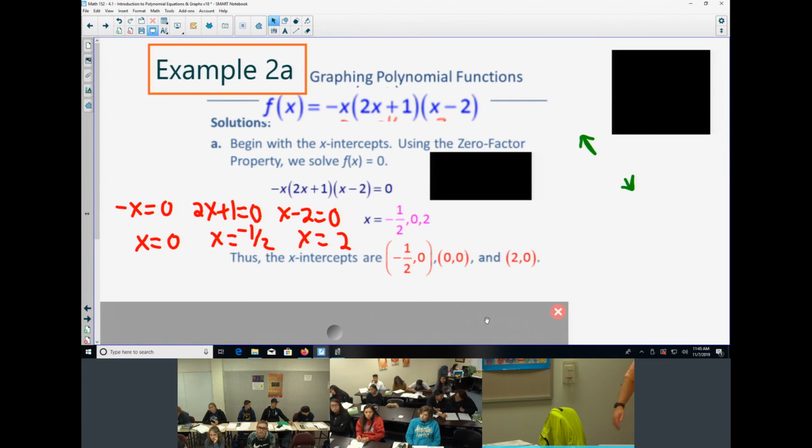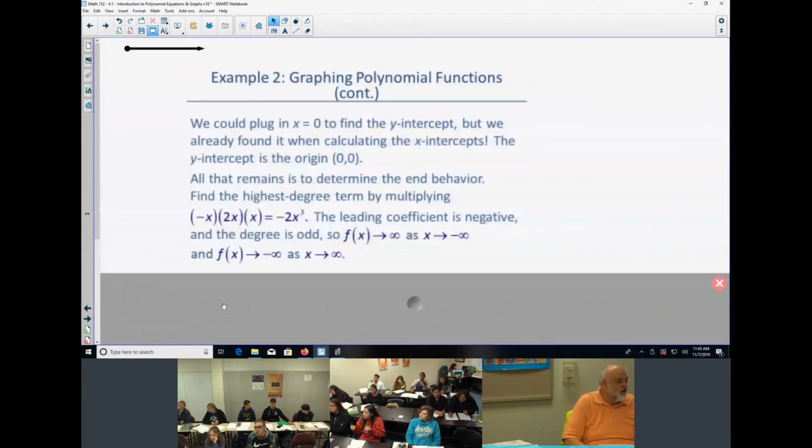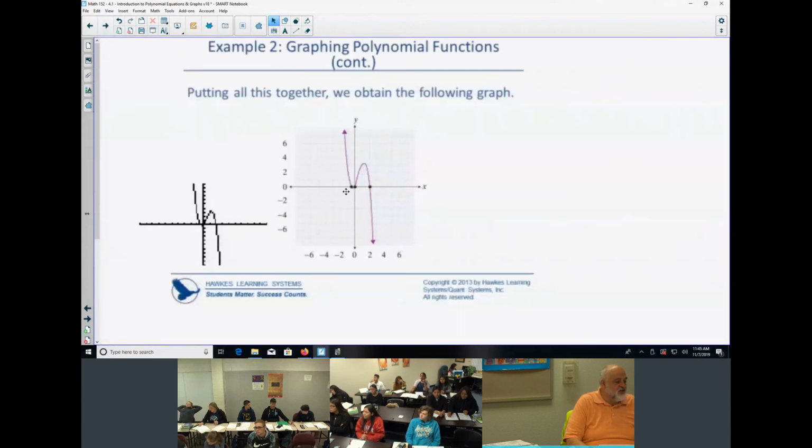So then what I want right now, again, we're not asking for a perfect graph. What I want is you graph those intercepts, negative 1/2, 0, and 2, and then you've got the end behavior. Now, we don't know how low this goes.